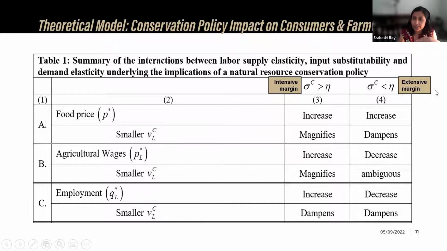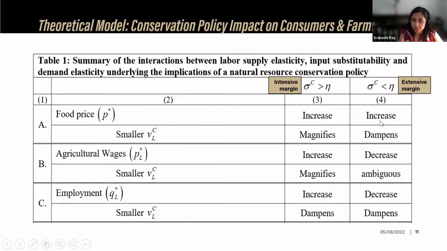The extensive margin is when some agricultural land is restricted from cultivation. So producers bring in other agricultural land or other water sources into production, which was previously outside the agricultural sector. That is the case when sigma is less than eta. And in this case, food price increases.